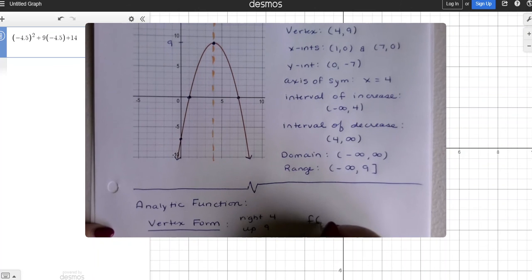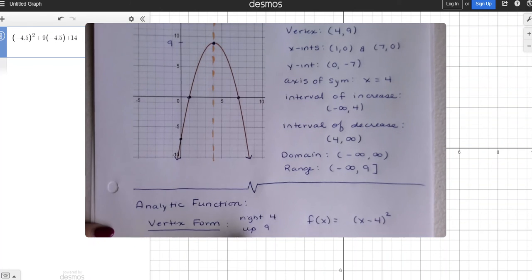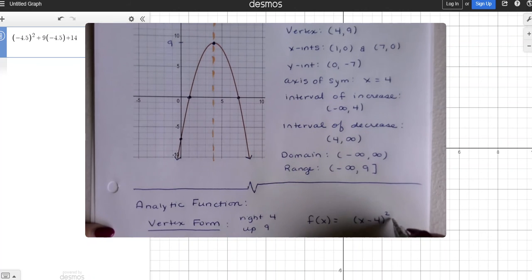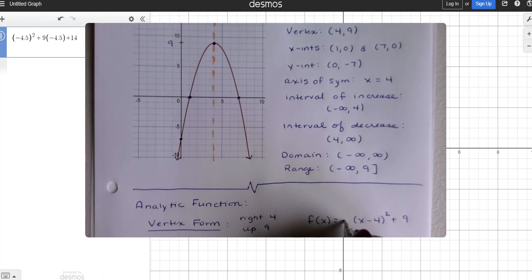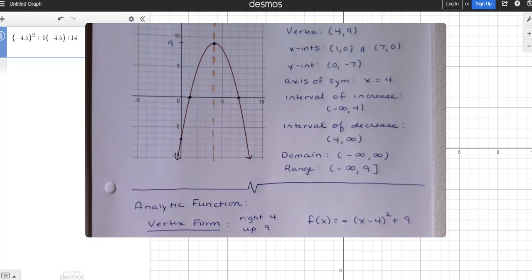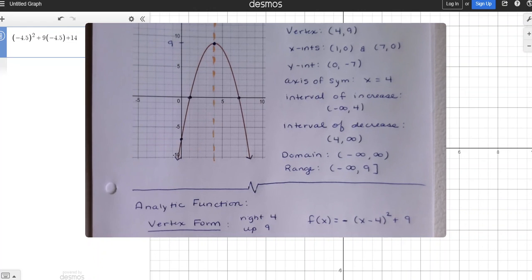So my function in vertex form must have included x minus 4 squared, right? The horizontal shift is inside the parentheses, and then plus 9. I also know, because it opens down, there's going to be a negative in front of that, a negative leading coefficient, to reflect it upside down. And there might be a multiplier in there. I'm going to leave just enough space to squeeze one in case I need one. I don't know yet.